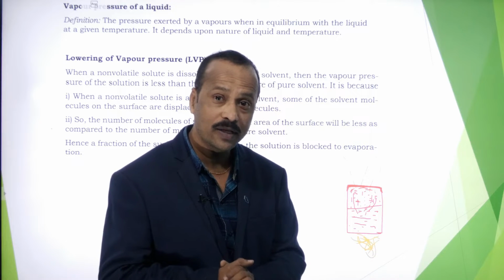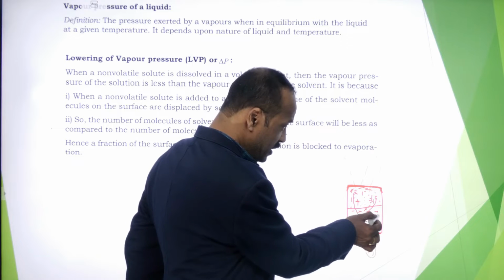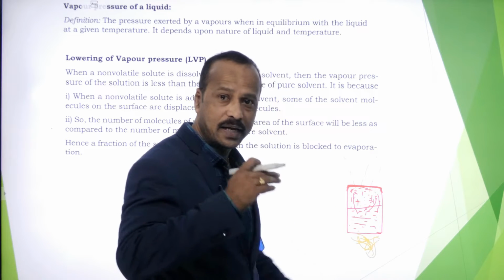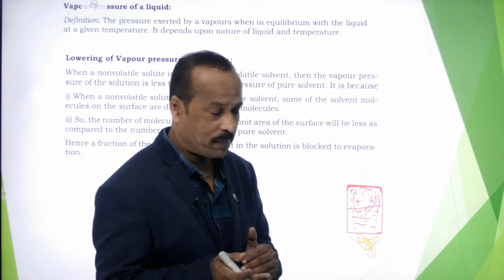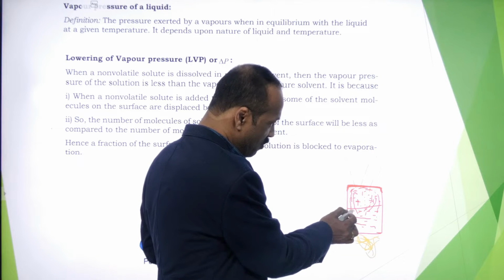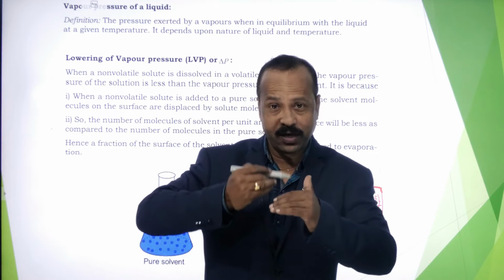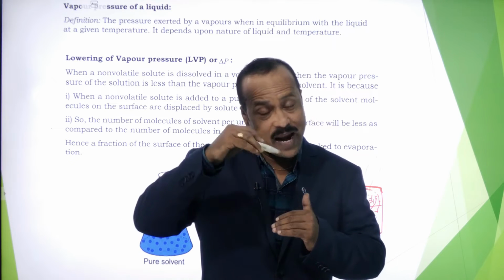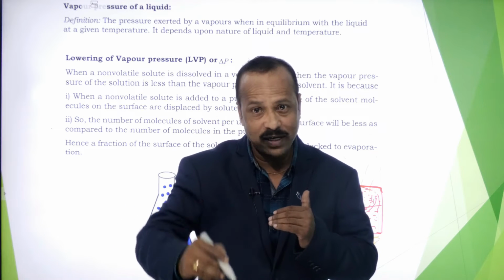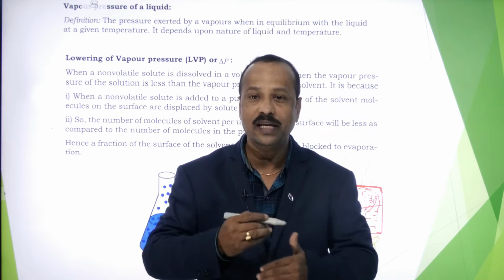Then, if you still heat, some of the liquid will convert into the gaseous state, meaning vapor, and as there is no place, some of the vapor again converts into the liquid state. So liquid is converting into gas, and already converted gas is converting back into liquid. This cycle continues taking place.